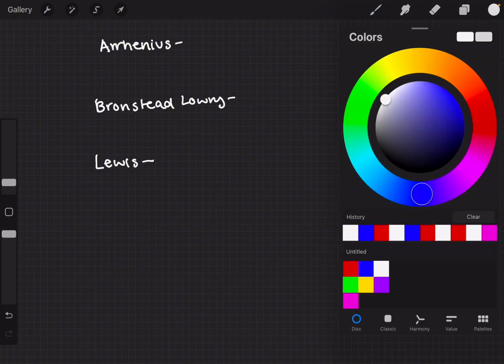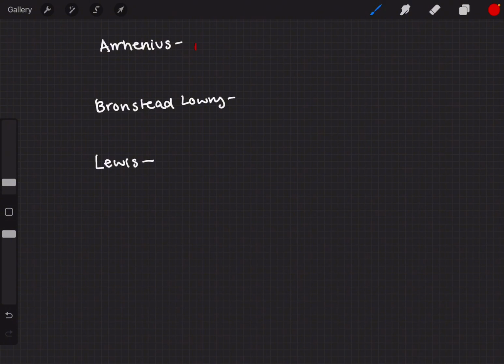So, starting with Arrhenius, Arrhenius defines an acid as something that is giving off protons into a solution, or increasing the concentration of protons in a solution. The Bronsted-Lowry model proposes that an acid is something that is donating a proton. And then the Lewis model is saying that an acid is an electron pair acceptor.